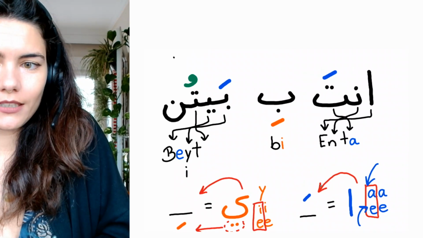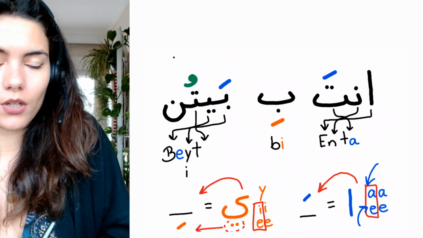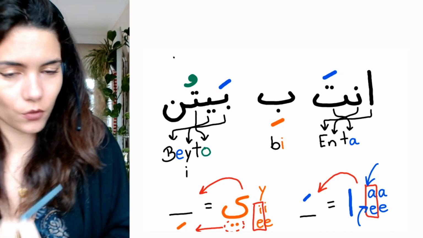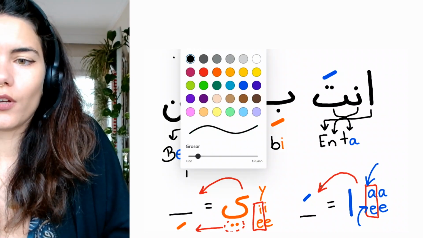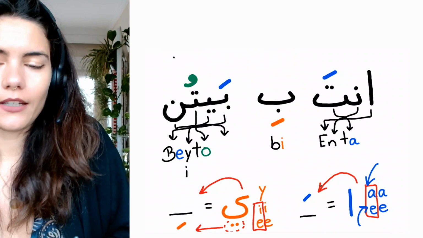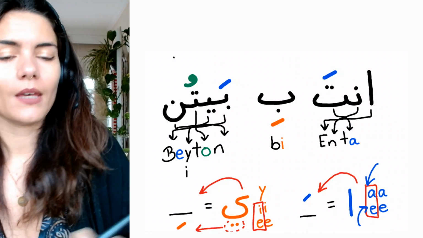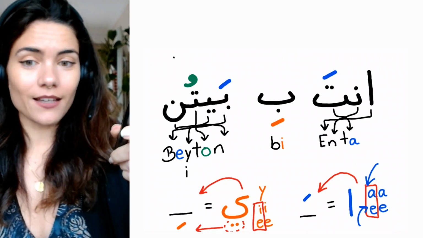The consonant T has on top the short vowel O, that could also have been pronounced as an O. Beito. And finally, we have the letter N. Beiton. Enta ببيت. أنت ببيت.